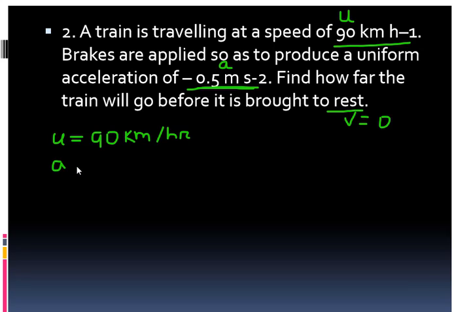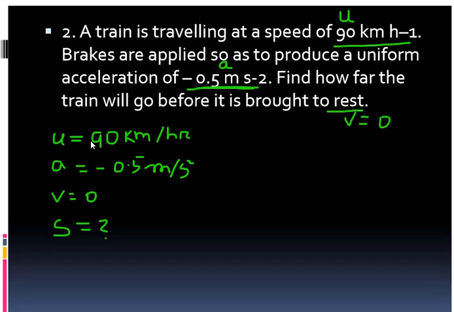Acceleration is equal to minus 0.5 meter per second square. Final velocity of the body is 0. What you need to find out? Find out how far the train will go. How far the train will go. Displacement traveled by the train. This is what you need to find out.